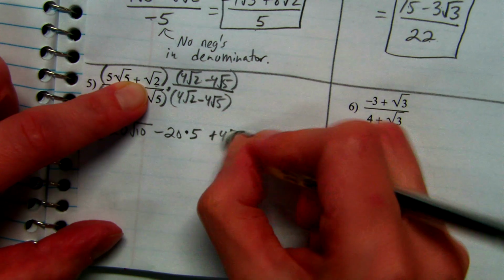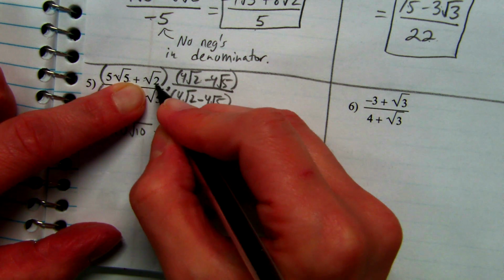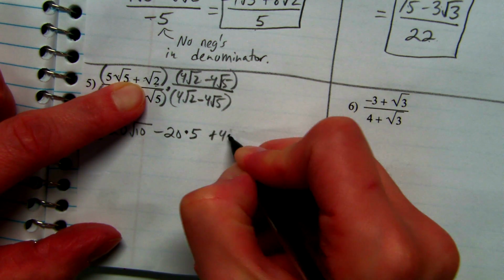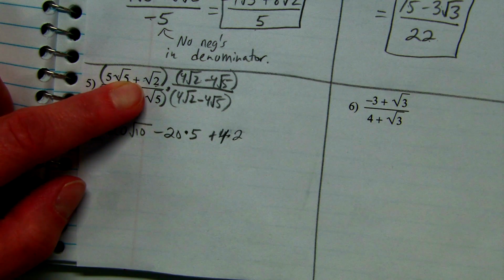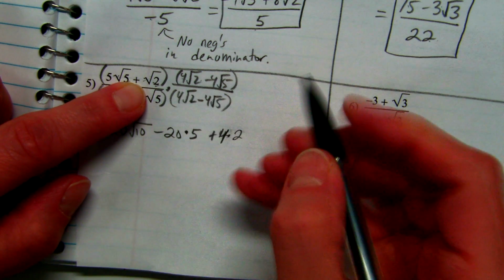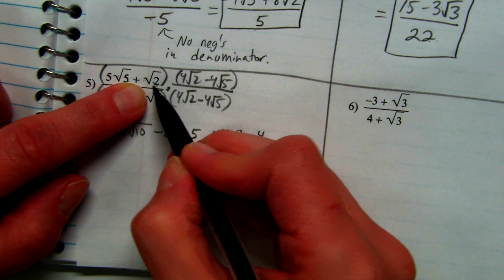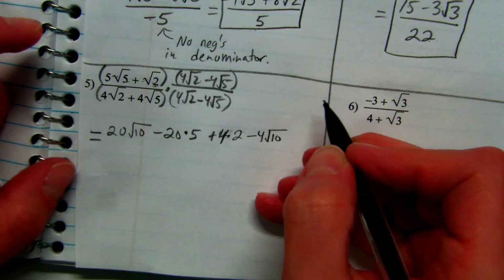So it's going to be plus, because they're positive, and you have 4. Square root of 2 times square root of 2 is just 2. Or you could write square root of 4 and then simplify it if you want to take up more room and more time. It's just up to you. And then the last, I'm going to have minus 4. Square root of 2 times square root of 5 is the square root of 10. Okay, so that's the top.